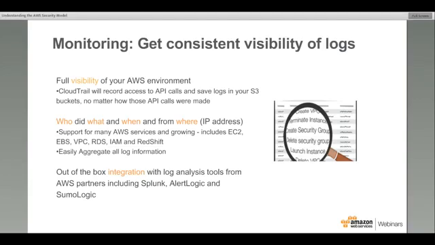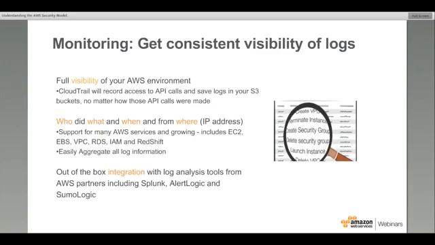CloudTrail will actually let you record the API calls for the supported environments and save those in S3 buckets. That way you get to see who did what and when from where. The list of services is always growing, but right now it supports most of the core services. And you can easily aggregate all the log information, even from multiple accounts, into a single S3 bucket.